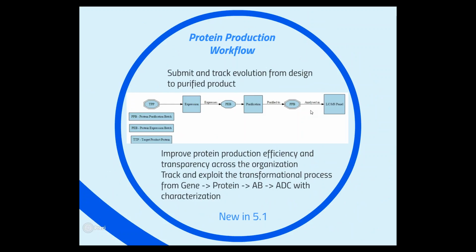So we might start with a target product protein that's come from a design, go through expression, which produces a protein expression batch, which is then submitted to a purification assay, where it's purified through to a protein purification batch, where it's analyzed with LC-MS. And you might have lots of different activities that go on during the protein production process. It's used to improve the overall protein production efficiency and give transparency across an organization to where the bottlenecks are and where the processes are at.